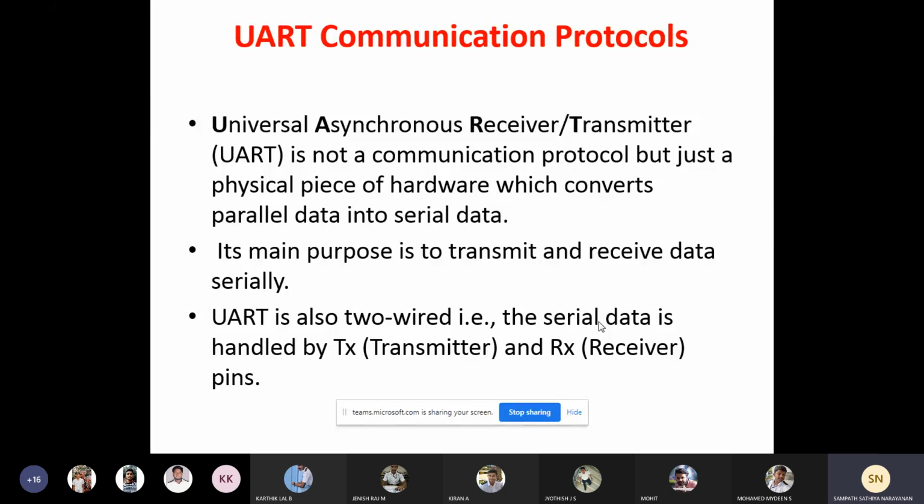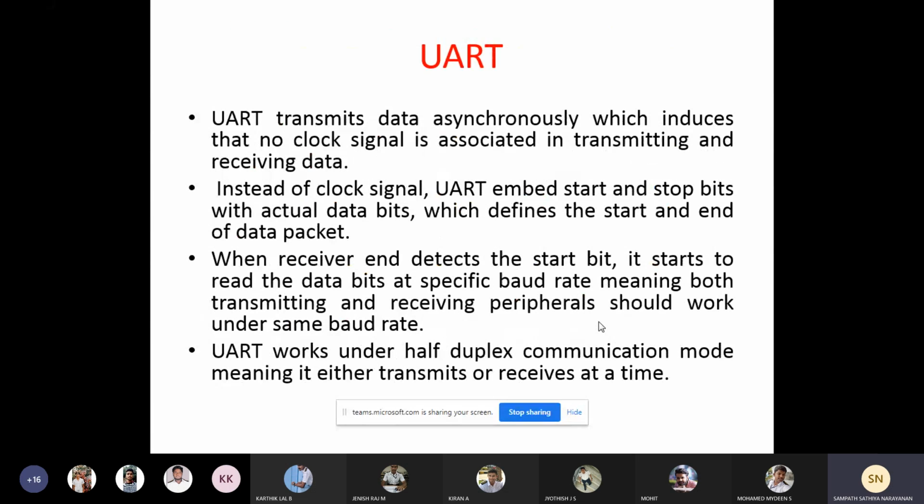It's a simple protocol which has 2 pins, transmit and receive pin, for transmitting and receiving the serial data. So UART means there is no clock signal associated with the transmitting and receiving end. Instead of a clock signal, the indication of data transmission is by the start bits, and the end of the data packet is represented by stop bits.